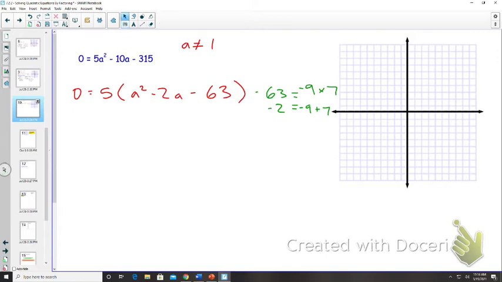Perfect. So now we have 0 is equal to 5 times (a minus 9)(a plus 7). I'm tired. Are we doing trinomial factoring? Yep, same thing we're doing, but we're getting more in depth to it.